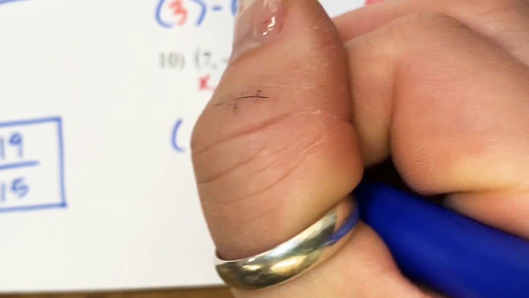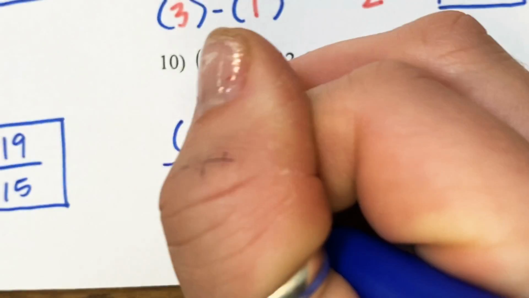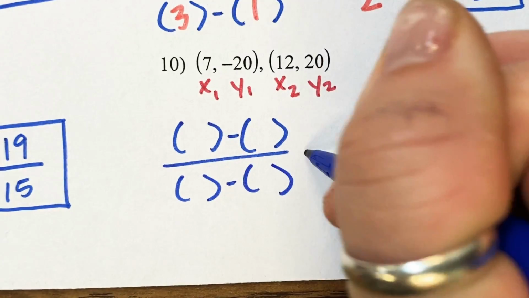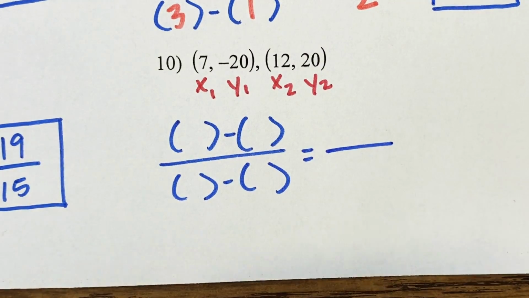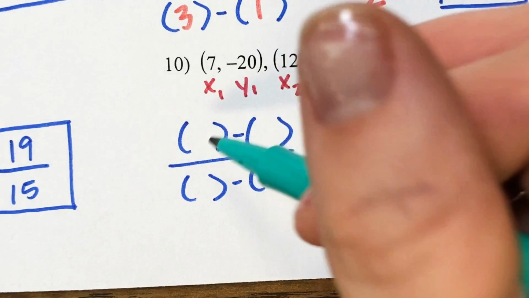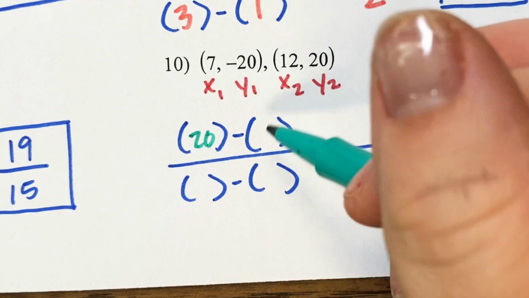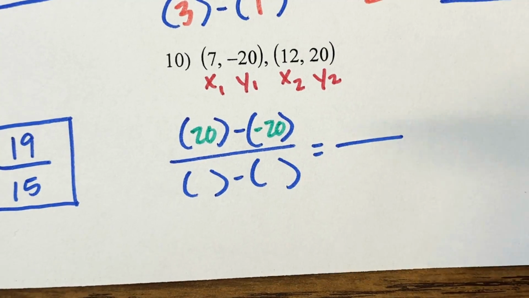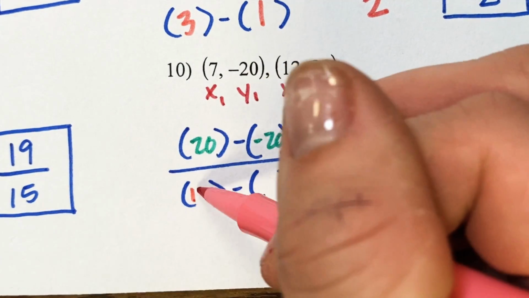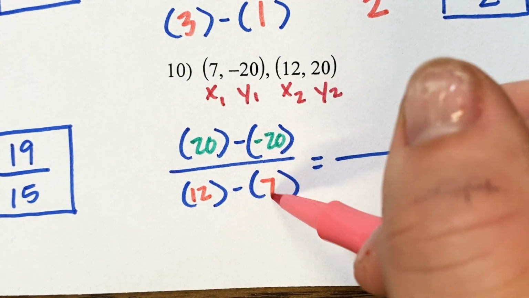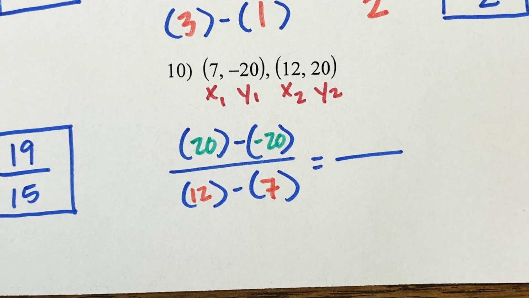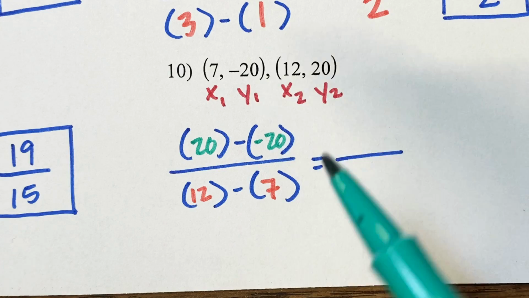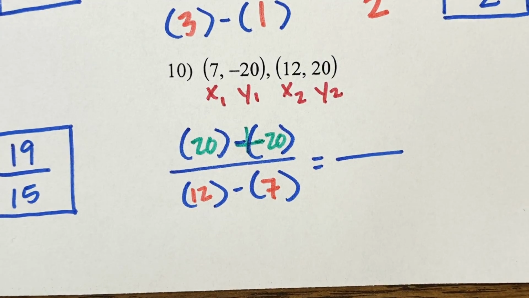Okay, one more example. We got y2 minus y1 over x2 minus x1, and we're going to solve. Okay, our y2 comes first, that's 20. y1 is negative 20. Okay, x2 is 12, x1, 7. Okay, so let's go ahead and solve. 20 minus a negative 20 turns into a positive.